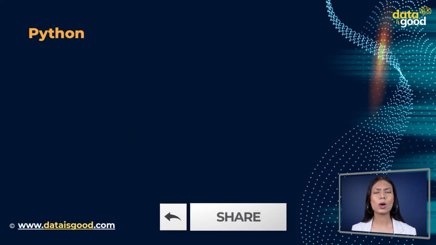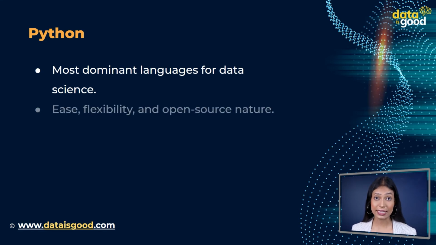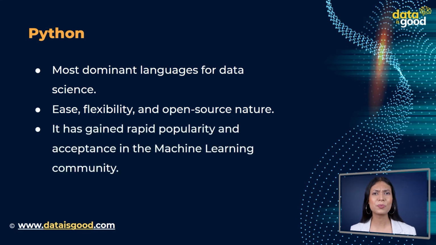Python is one of the most dominant languages for data science in the industry today because of its ease, flexibility, and open source nature. It has gained rapid popularity and acceptance in the machine learning community.